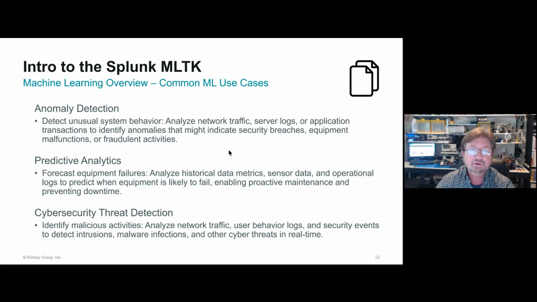And then finally, enterprise security uses a lot of machine learning for correlation searches, looking across multiple metrics to say what is normal and what is not, to detect security threats and so on and so forth in real time.